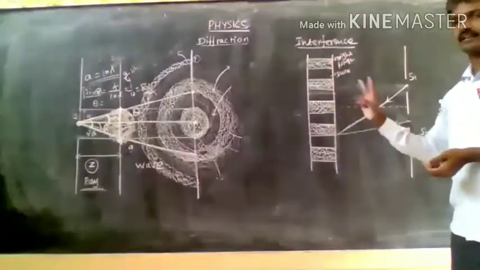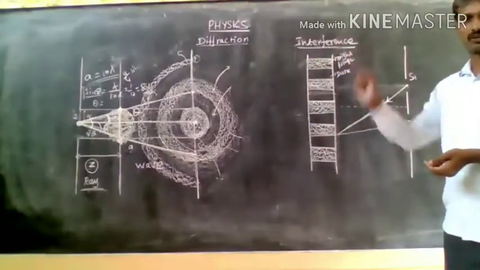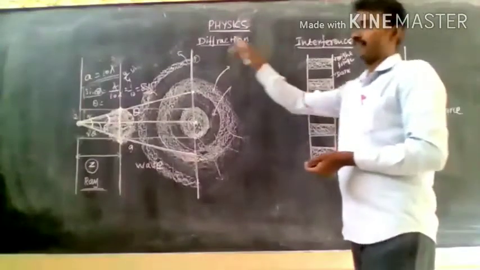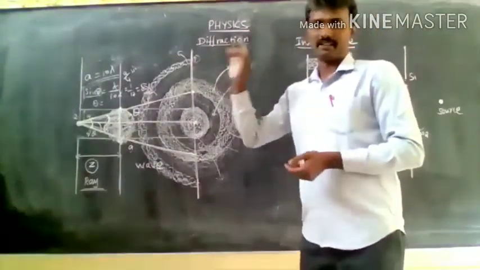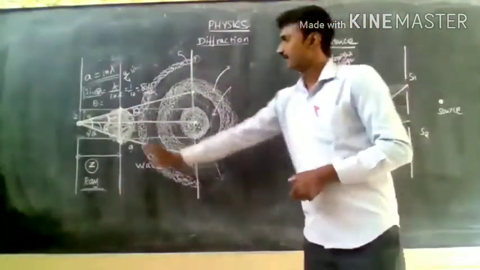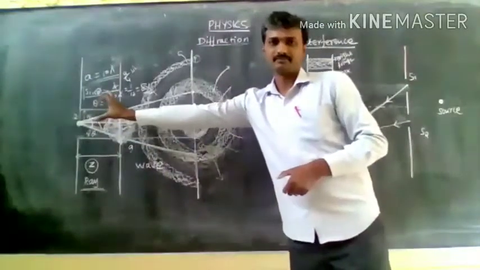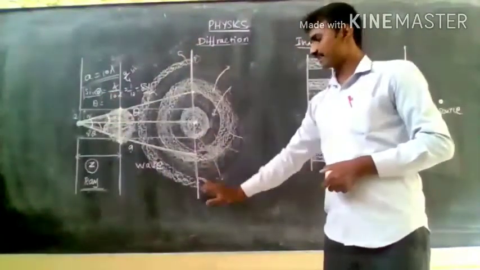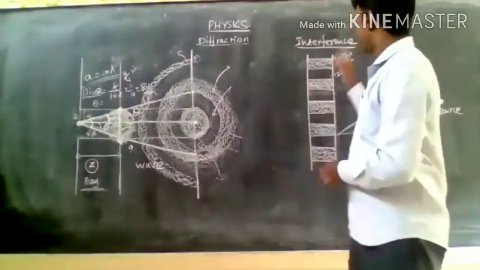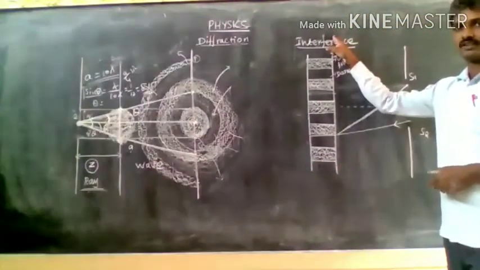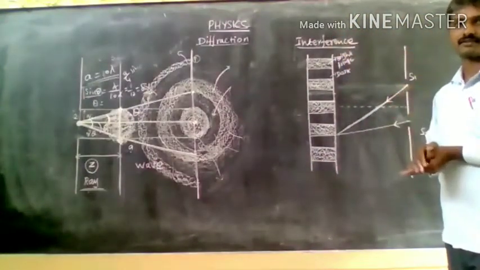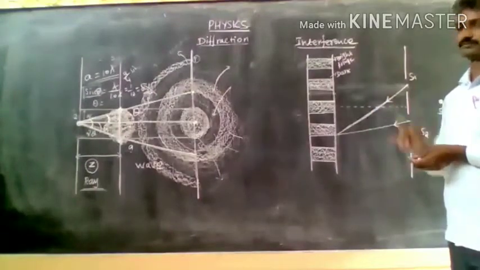So here, two light rays are used when interference happens. But in diffraction, only one light is used. It means we are using a single slit to obtain the diffraction pattern. So in interference, superposition of the two waves plays the major role.